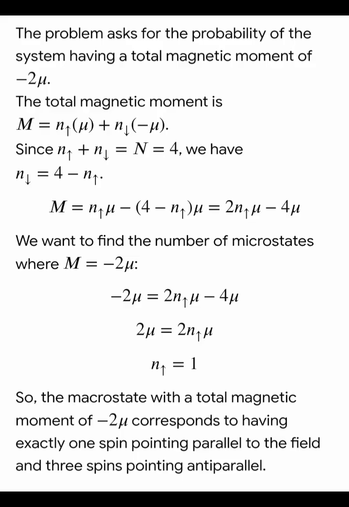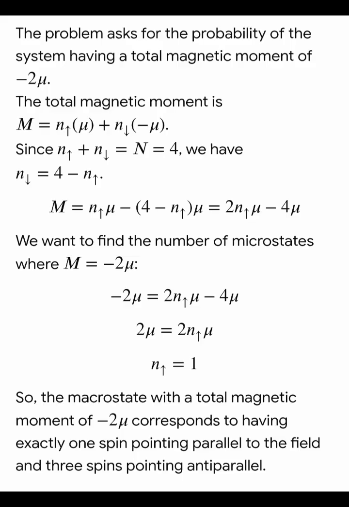Here we need to find the number of states with M = −2μ. Substituting M = −2μ, we can write −2μ = 2 n_up μ − 4μ. That is, 2μ = 2 n_up μ, that is, n_up = 1.